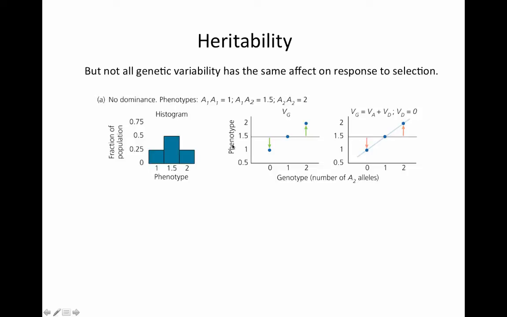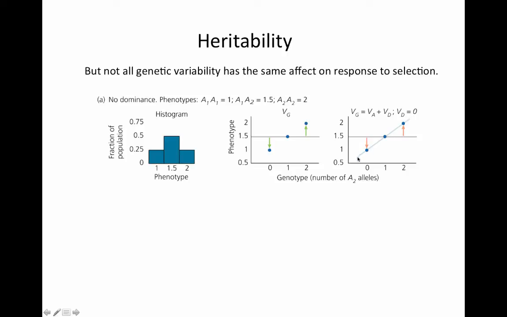So now, if we plot genotype in terms of the number of A2 alleles, so these ones have 2 copies of A2, this one has 1 copy, this one has 0 copies, this is the phenotype value on the y-axis. The phenotype correlates very nicely with the genotype. We can plot a line through those points, and each point falls exactly on the line.